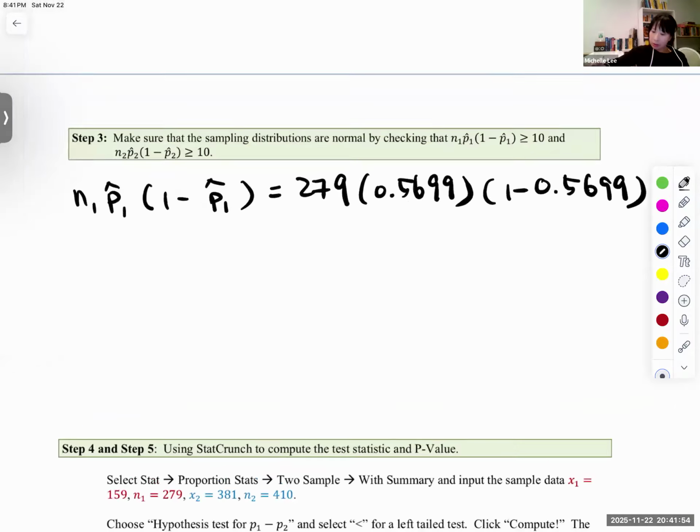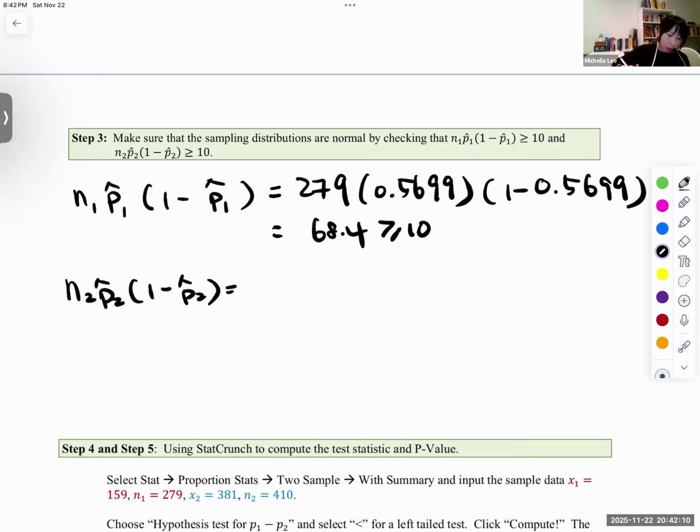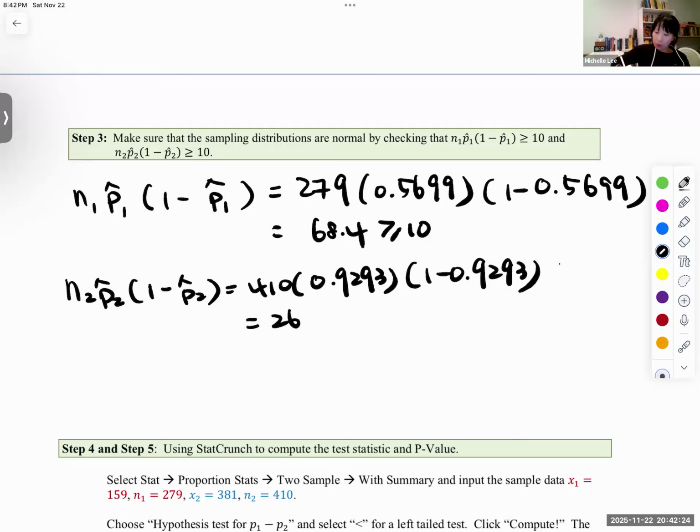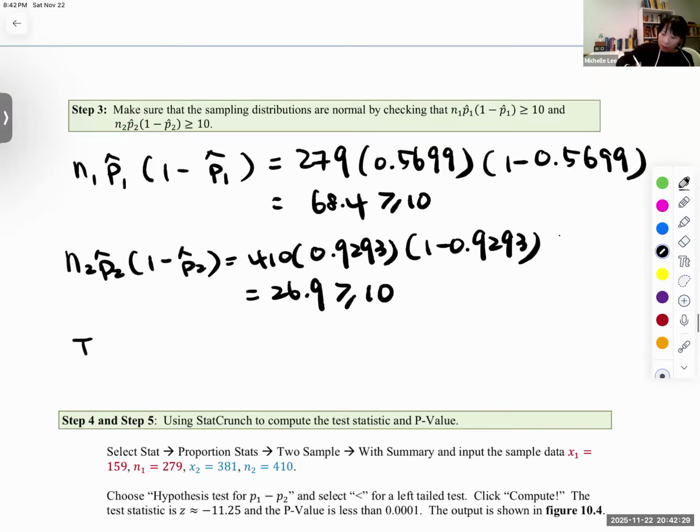What do you get? So we have 68.4, which is greater than or equal to 10. So the second one: n sub 2 we have 410, p hat sub 2 is 0.9293, 1 minus 0.9293. Okay, what do we have? 26.9. Then it's normal, right? So normal distribution.